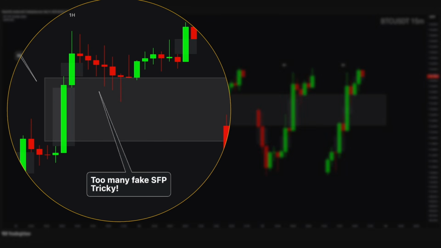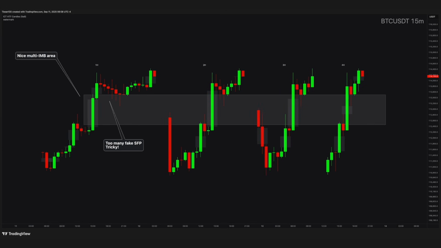But if you carefully look at this 1-hour chart, you will notice at least 4 or 5 tricky and fake swing failure patterns showing up. That's the main reason I always encourage you to combine multiple imbalances with multiple swing failure patterns. This is really the only way to avoid or at least reduce those fake imbalance areas or SFP zones.